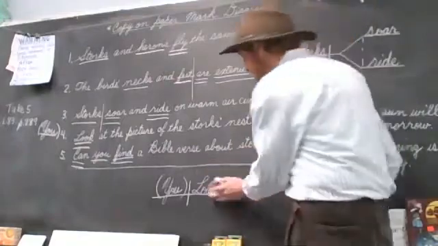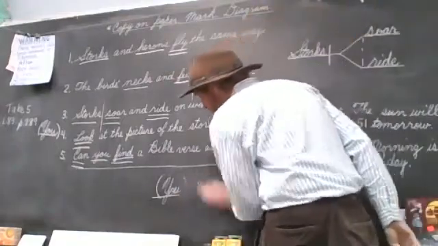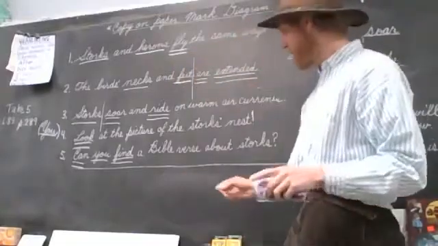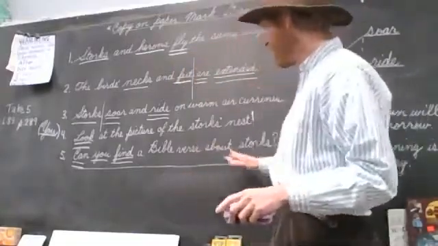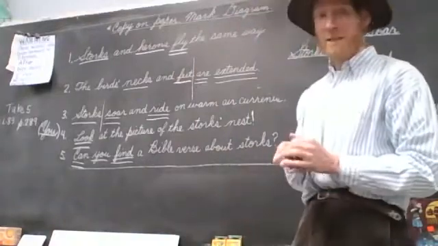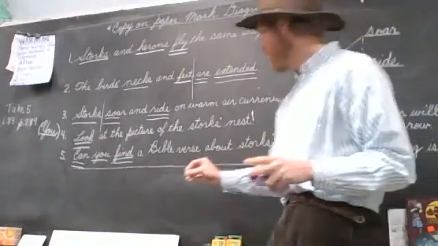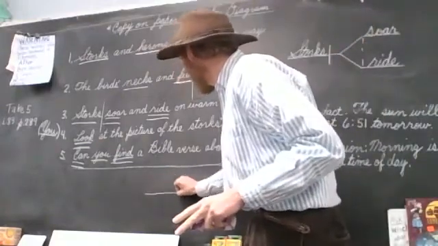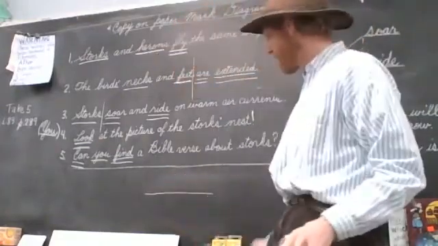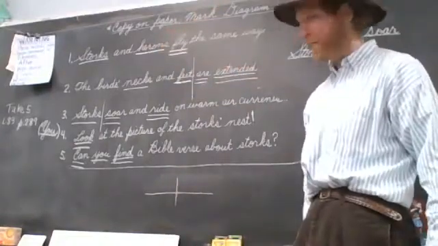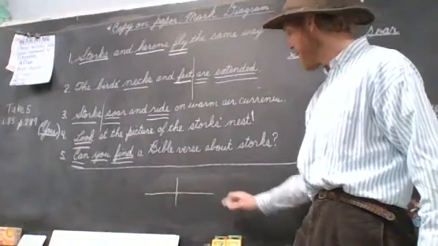And then how would we diagram it? I'm going to erase this one. We're going to have a diagram here. So is there anything compound? No. Helpers don't make it compound, remember, right? So there's no compound. So we're just going to draw a line, horizontal first. We're going to draw our vertical line there. And then we're going to say, what is the verb?